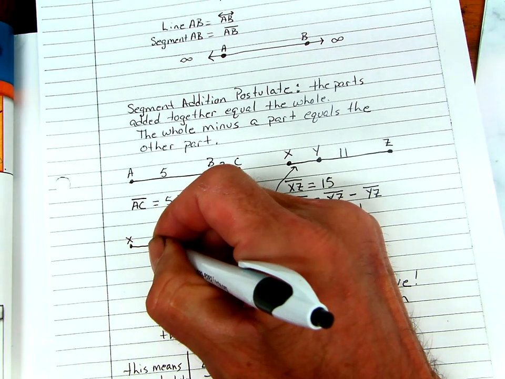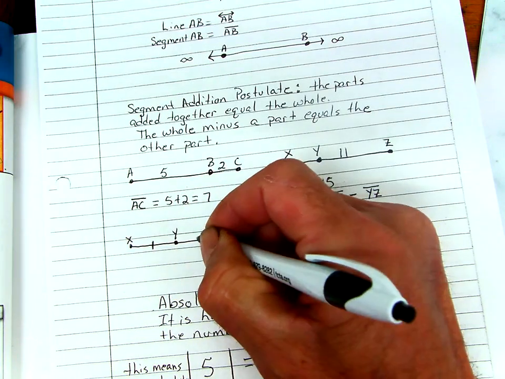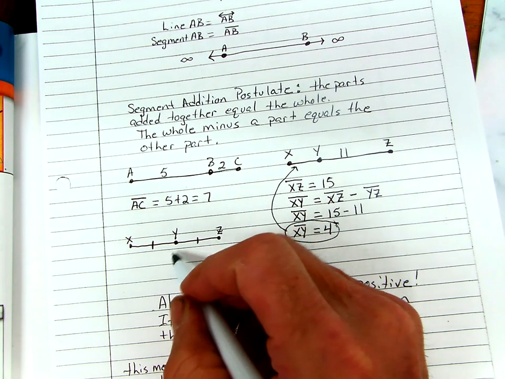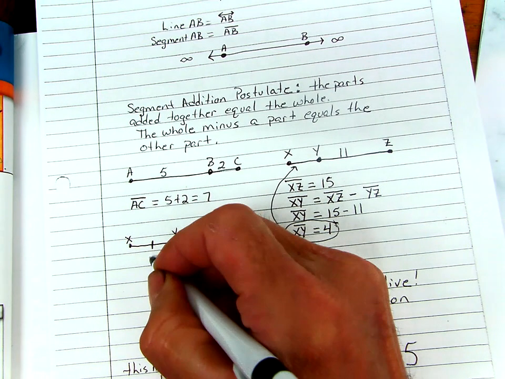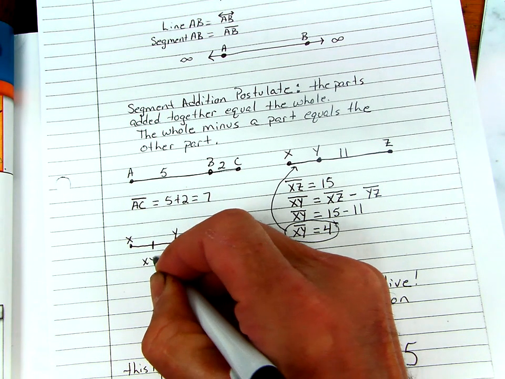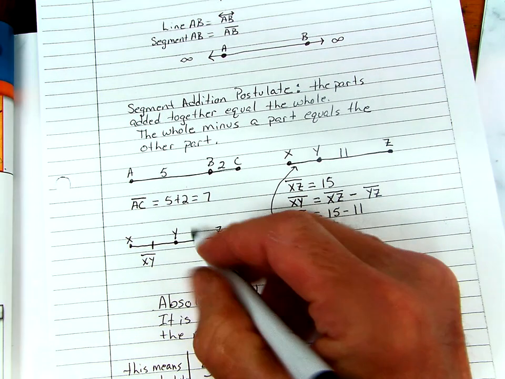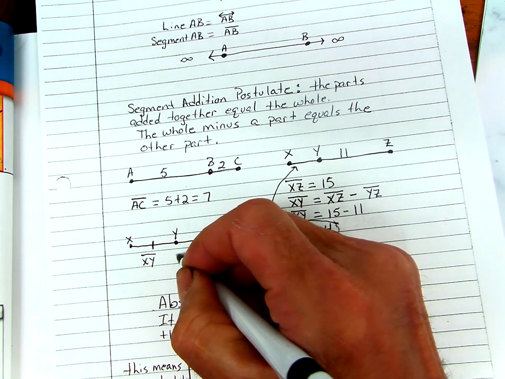If there's a dash on both of these segments, that means that they have the same measure. We write that out like this. We talk about segment XY. It's a segment, so it gets a bar over the top. And segment YZ.